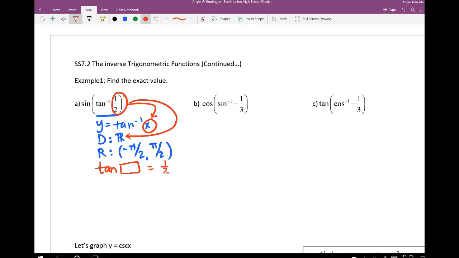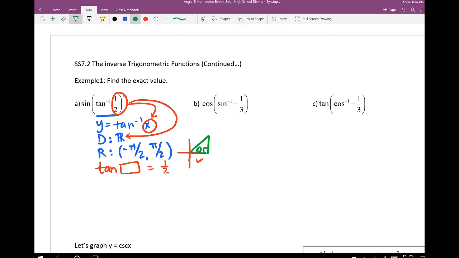Well, could you tell me, in between quadrant 1 and 4, tangent of what is a half? Let's narrow down to a particular quadrant, okay? Would you agree that whatever the answer is, it has to come from quadrant 1 because it's a positive half, right? So here we go.